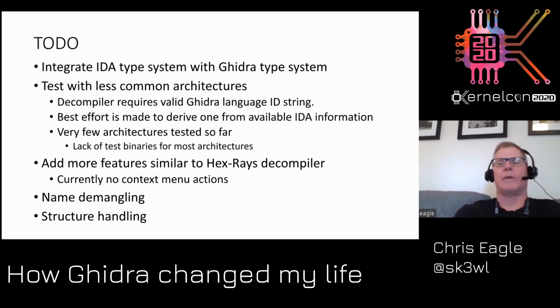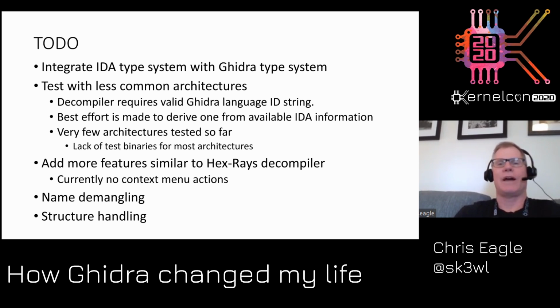Ghidra supports a lot of processors, and I have to admit that I have not tested extensively, at least for myself, some of the lesser used processors. So you can see I've done x86 and ARM and MIPS. Once we start getting away from that, I've done a little bit of PowerPC, but somebody asked me for TriCore support. I'd never seen a TriCore binary.